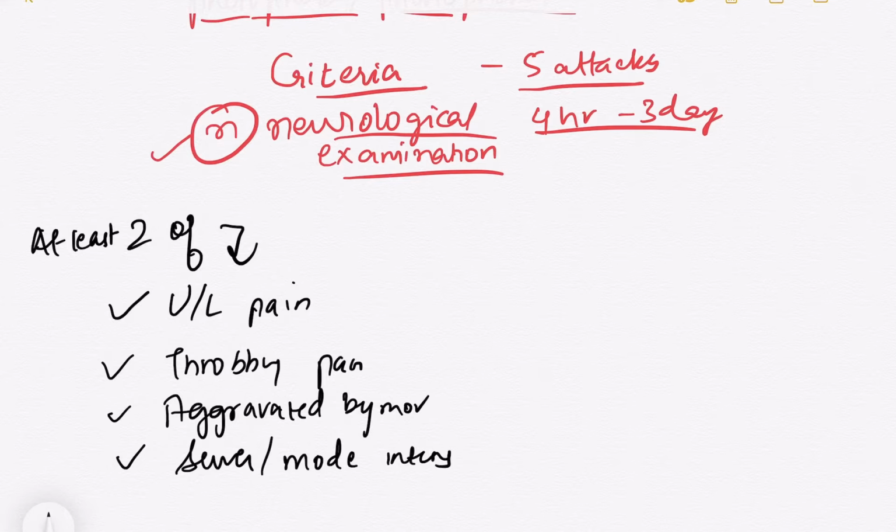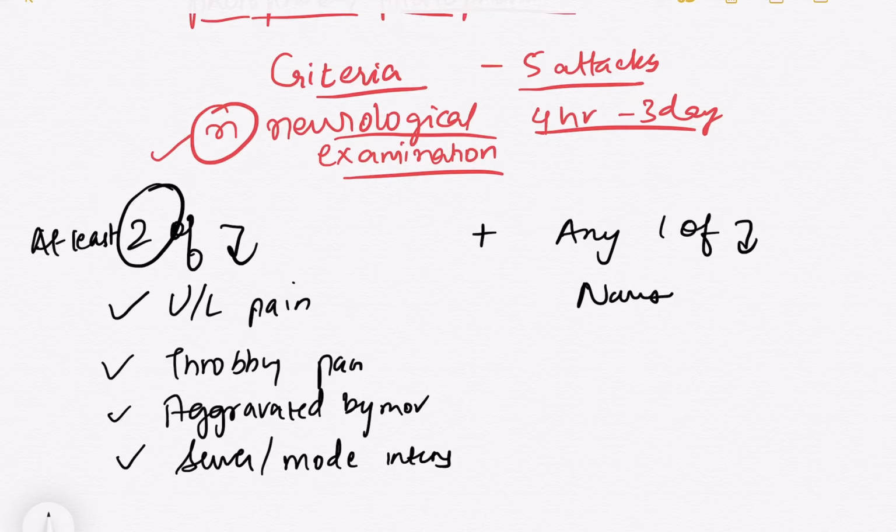From these 4 points, any two should be present, plus any one of nausea, vomiting, photophobia, phonophobia.